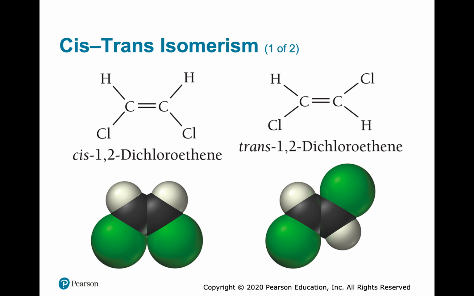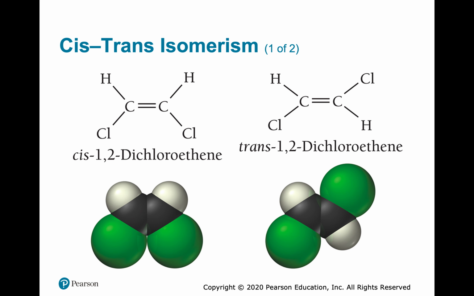Where have you used cis and trans before? Maybe you've heard of trans fatty acids. Fatty acids tend to be cis. The unsaturated fatty acids, the bonds tend to be cis. And then hydrogenated vegetable oils, how do you make margarine? You take a vegetable oil, you heat it, and you add hydrogen to it, and then it makes margarine. It also makes trans fatty acids.